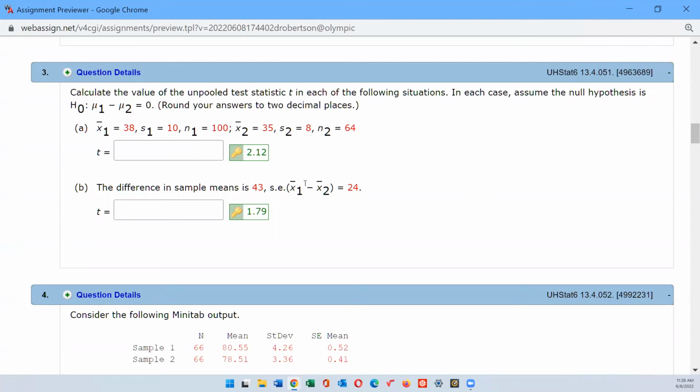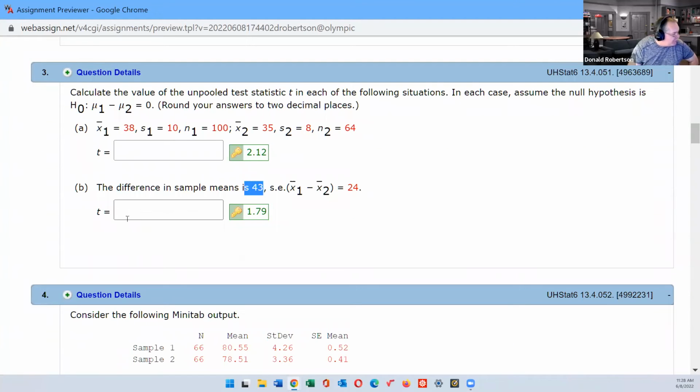Part B. Okay, gotcha. Now in part B, they've actually made your life easier, even if you don't know it, because the difference between them is 43, and you divide it by the standard error, which is 24. So you don't need to take x1 bar take away x2 bar. They told you what that number is, it's 43.